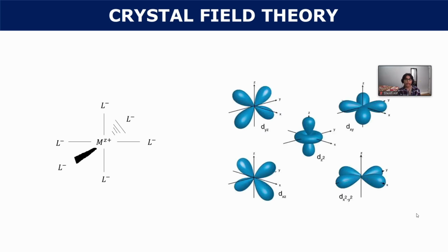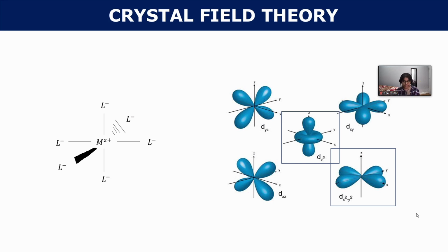If we look at the d orbitals of the metal ion in the center, specifically, we're going to have electron repulsion. The negative charges from the ligands are going to repel the electrons in those d orbitals. But certain d orbitals are going to repel more than others because they are on the same axis that the ligands are on.